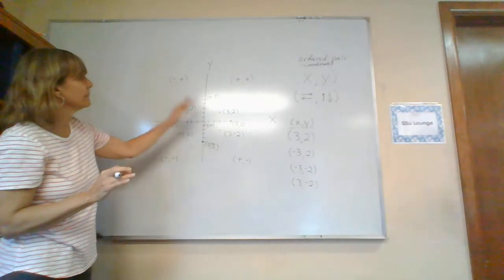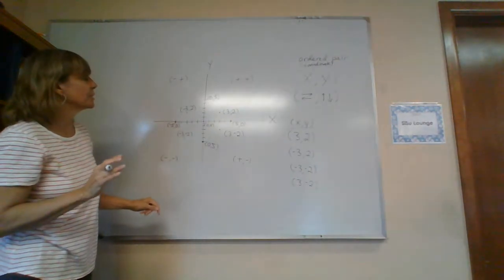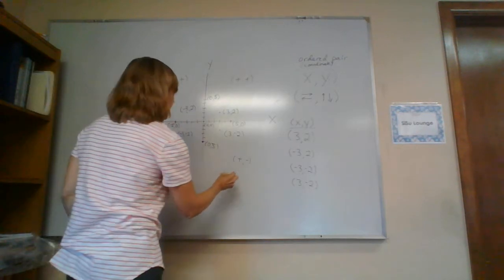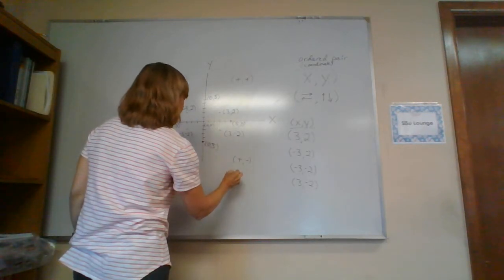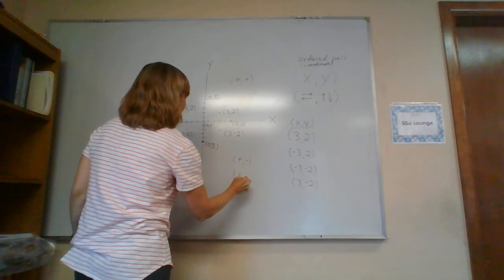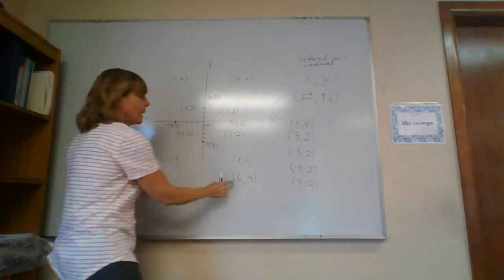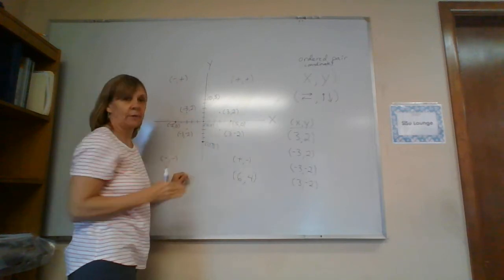You following this? So let me give you a few points, and let's just look randomly at them. Suppose I gave you the point, and it's going to get a little messy, but I want to show you a few more of these. Let's say I had 6, 4. And by the way, I'm keeping my numbers smaller just because I have to draw the hash marks over.